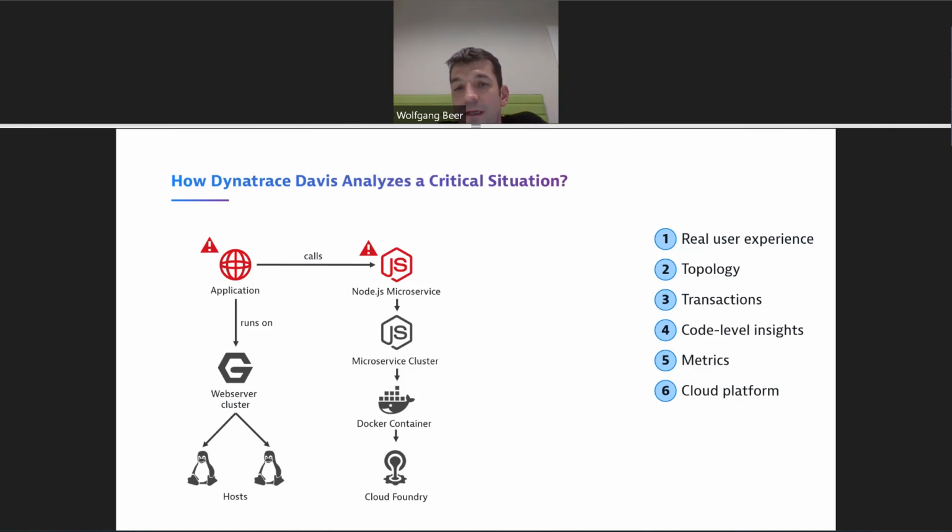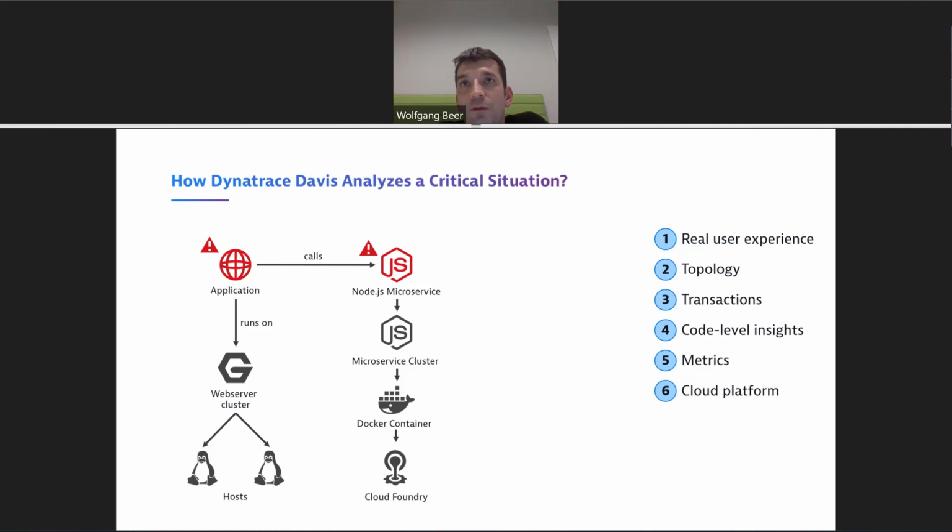What you can see here is the data sources that are extremely important for us, which are automatically analyzed, are number 4, the code level information. So what I would like to stress here is that tracing is not the only critical information.